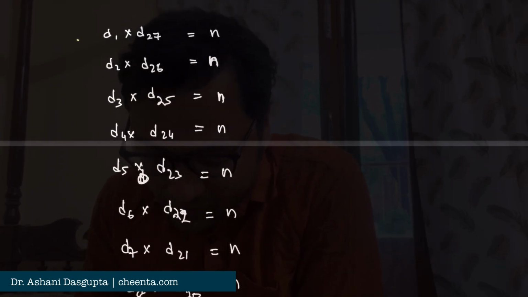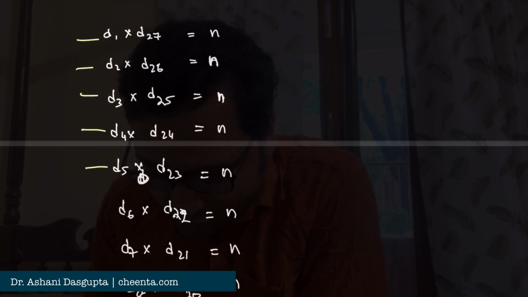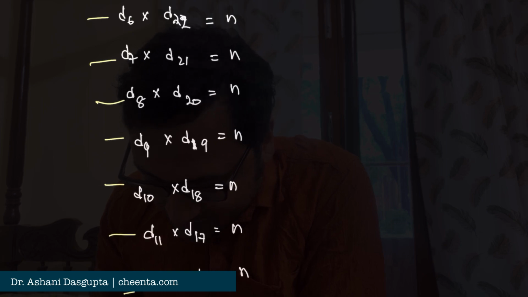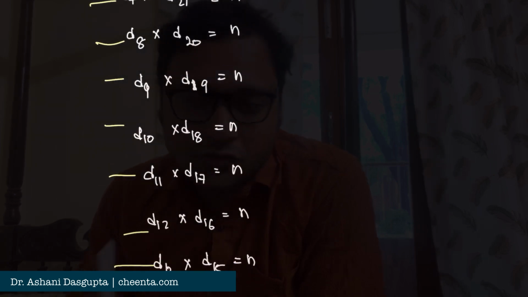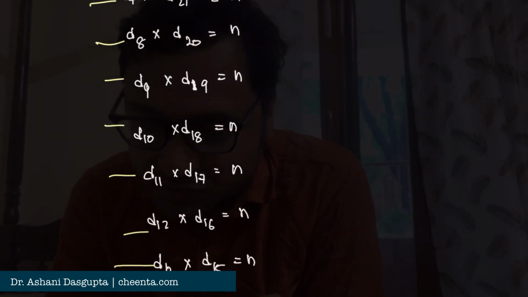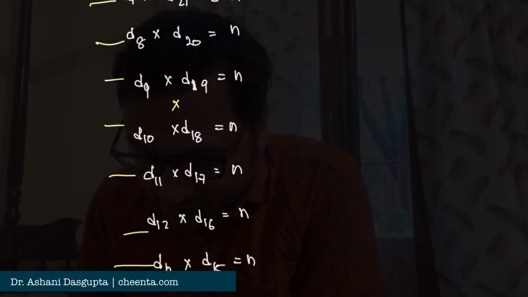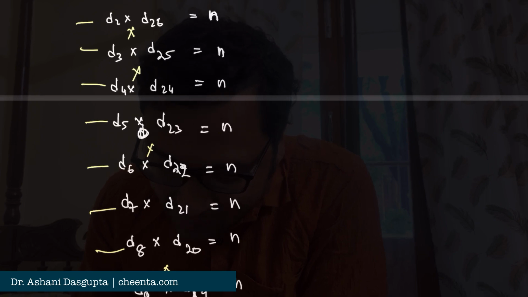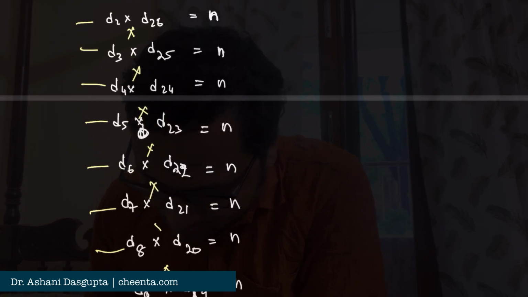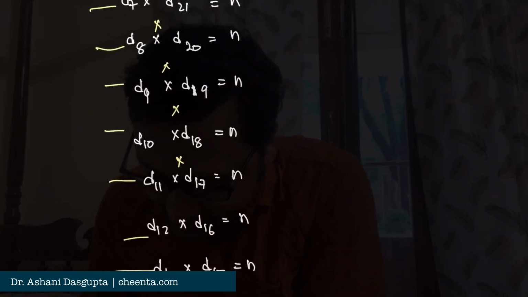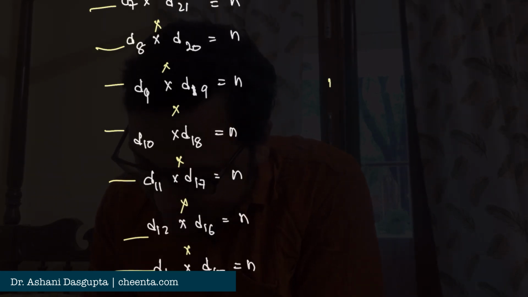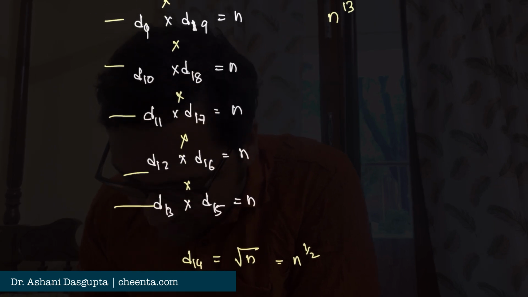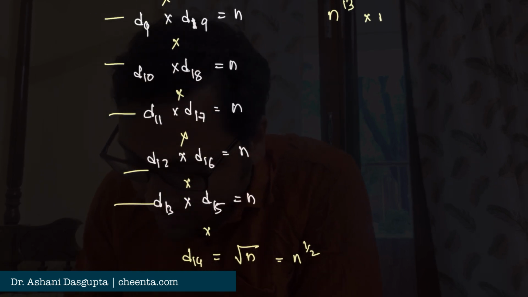Okay, so how many of them are there? 1, 2, 3, 4, 5, 6, 7, 8, 9, 10, 11, 12, 13. Or you could have divided 27 by 2 and gotten 13. So if you multiply them all out, you will get n to the power 13, because there are 13 such equations, and then one n to the power half.